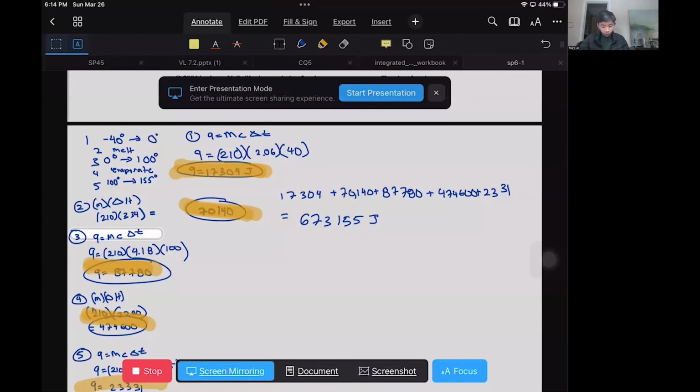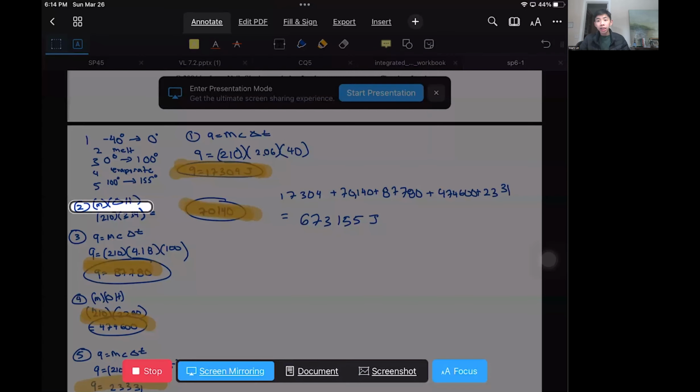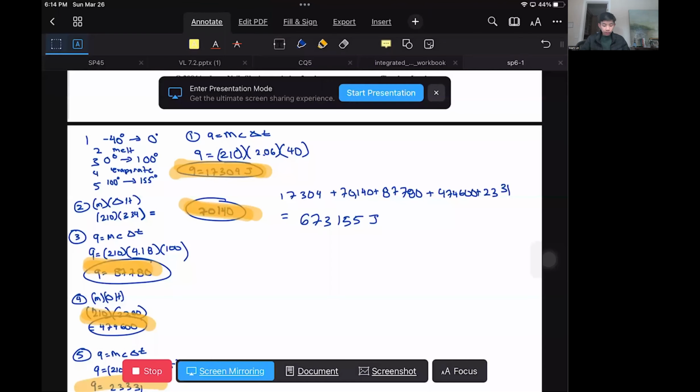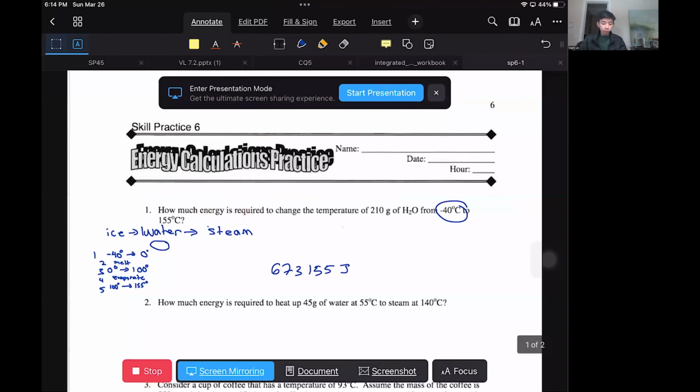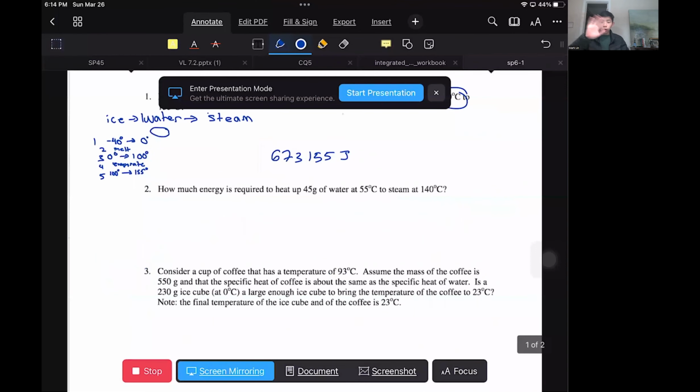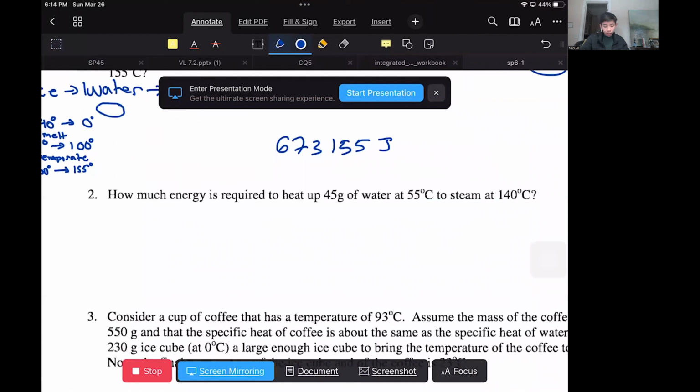Then we go into mass times enthalpy, then back to Q equals MC delta T, then mass times delta H, and then Q equals MC delta T. So we always flip-flop, alternating between them.